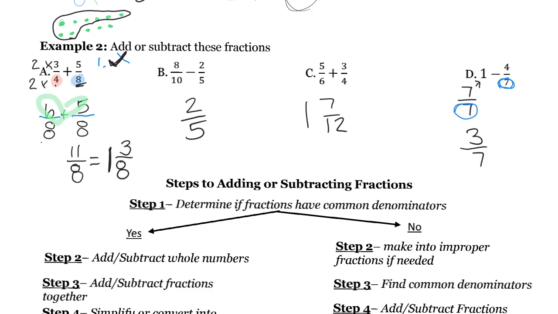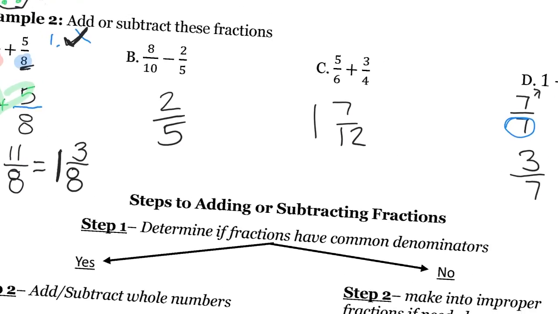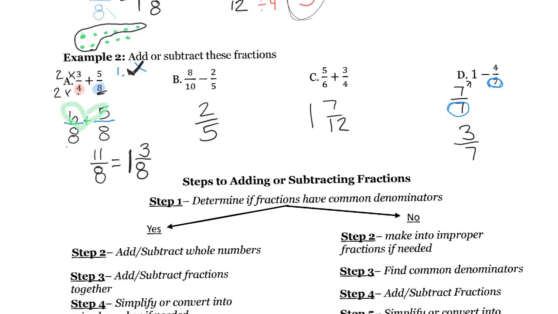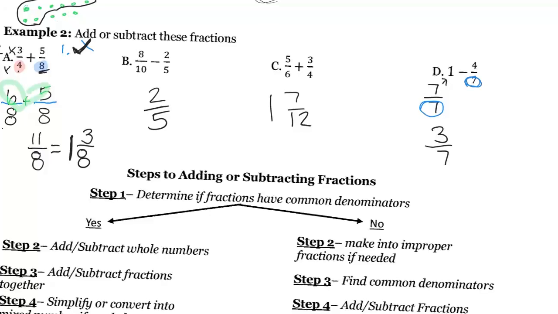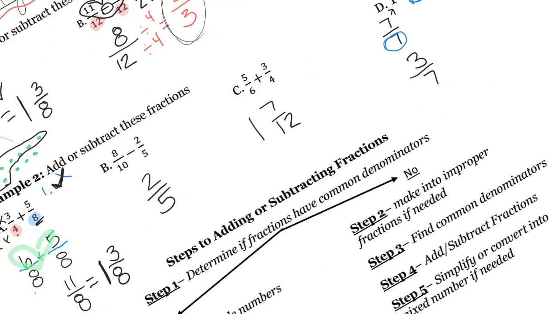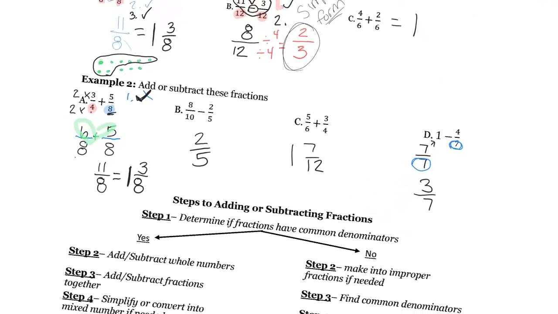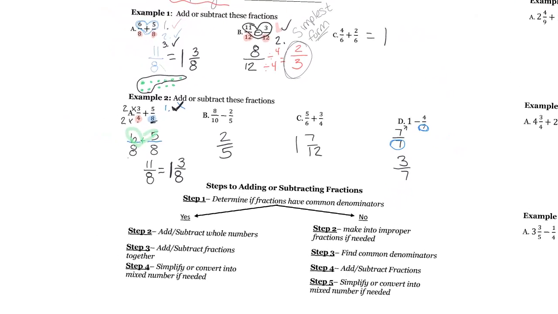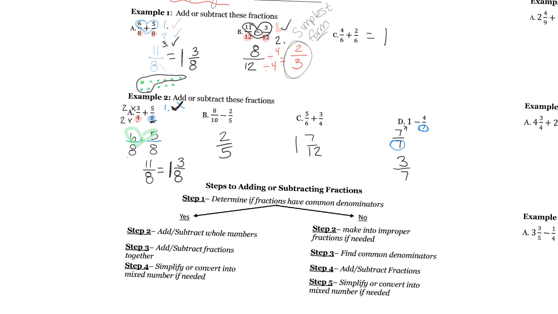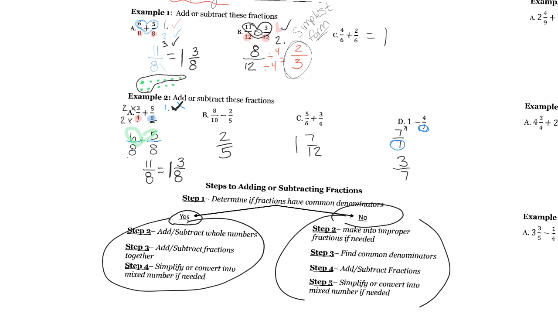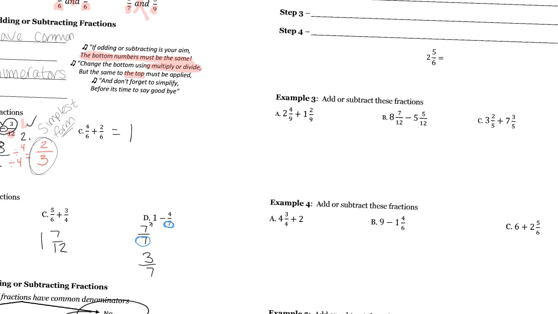Down here, just like the music before, I have a little chart that will help us and may help you to remember. It breaks it down into a chart. Do they have common denominators? Yes, follow these steps. No, follow these steps. So it kind of breaks it up for you. Let's go to the next page.